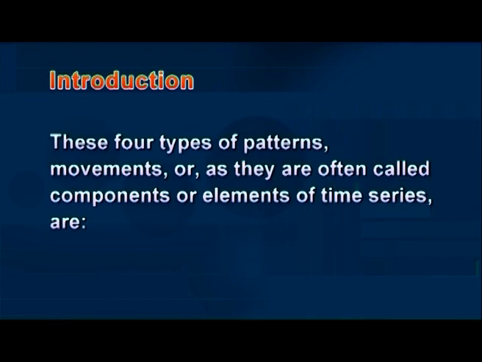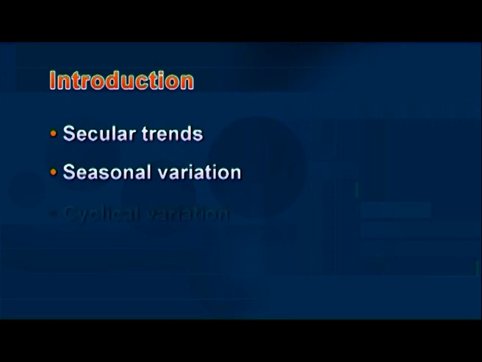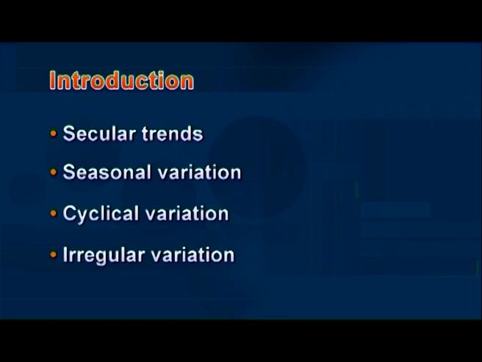These four types of patterns, movements, or as they are often called, components or elements of time series are secular trends, seasonal variation, cyclical variation, and irregular variation.